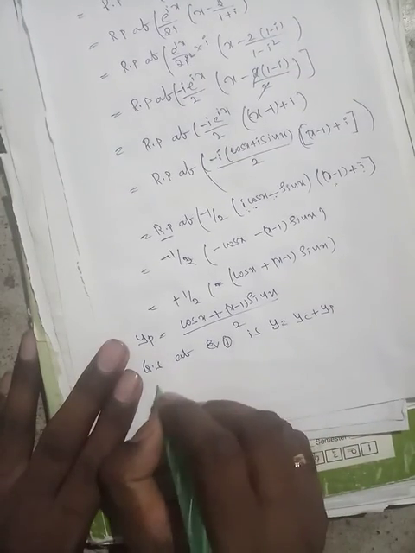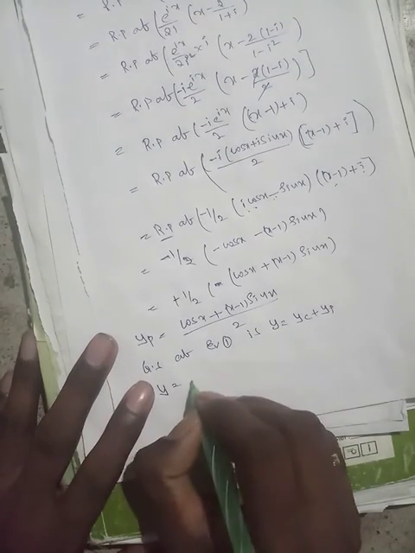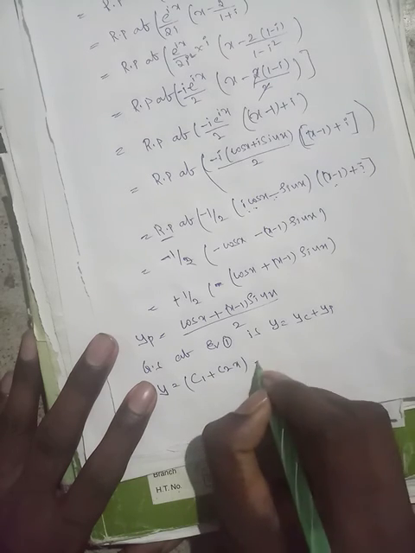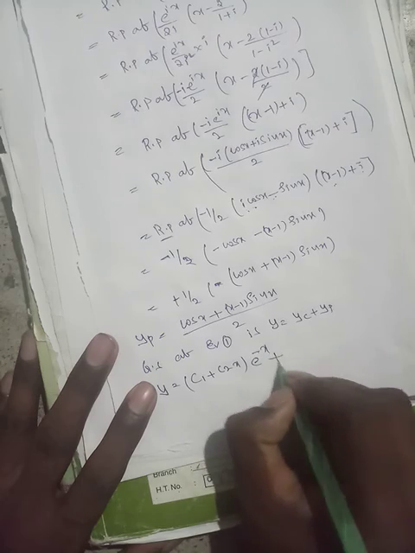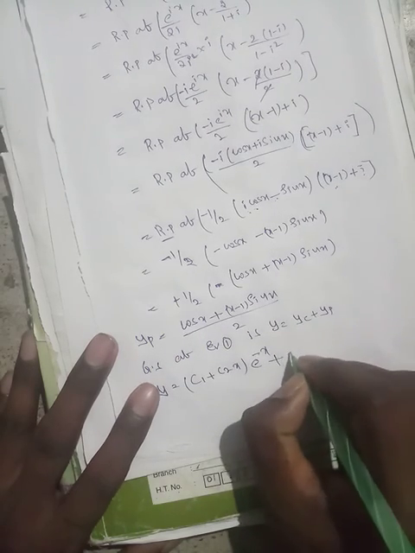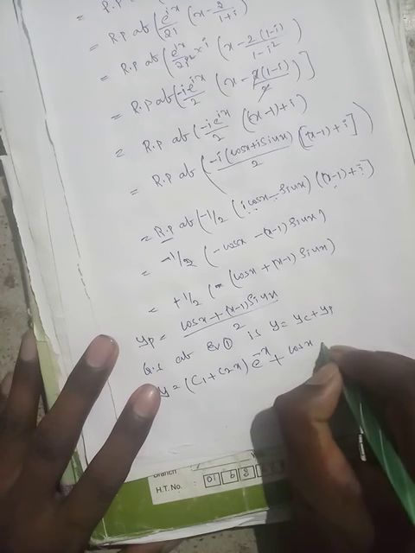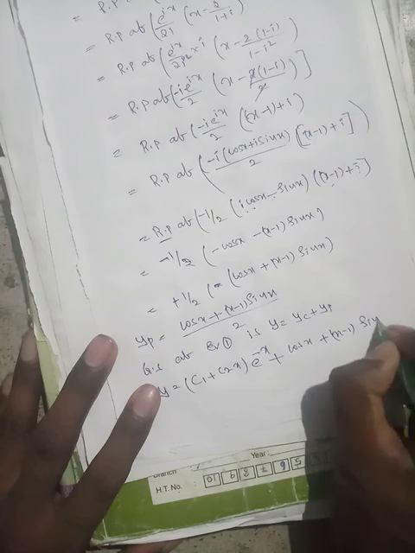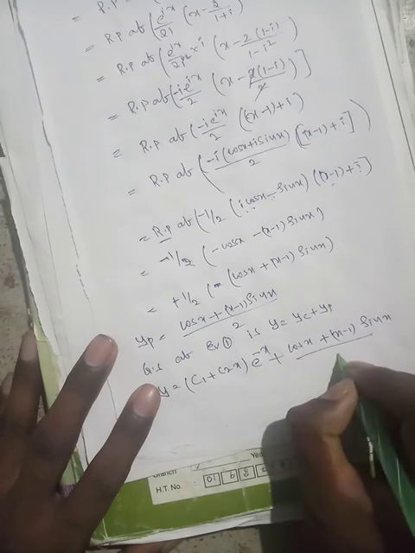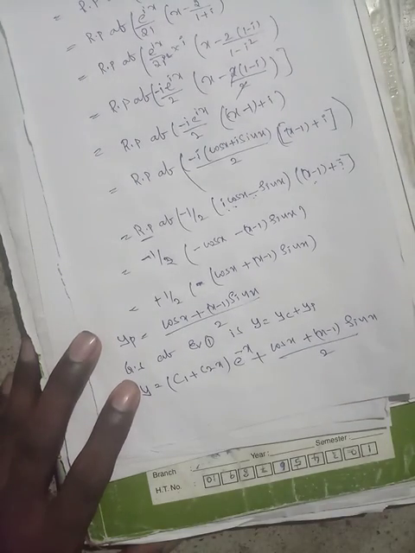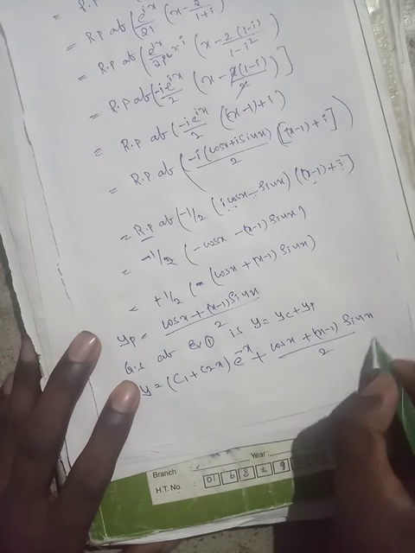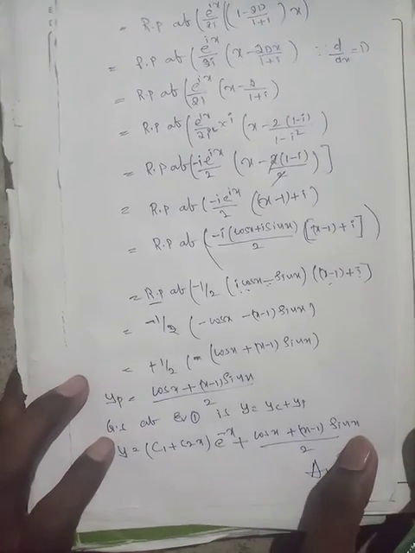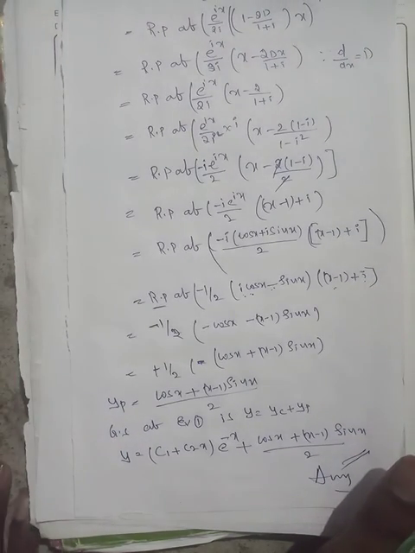I am writing the complete solution here. y equals, yc equals c1 plus c2 x into e power minus x, plus yp, which is cos x plus x minus 1 sin x by 2. Okay, so this is our required answer, right? Okay, thank you.